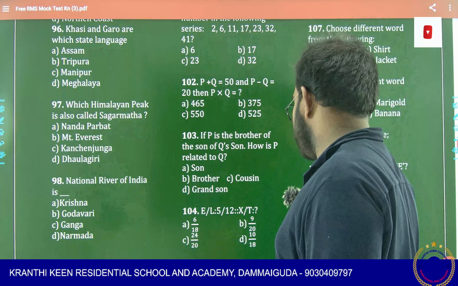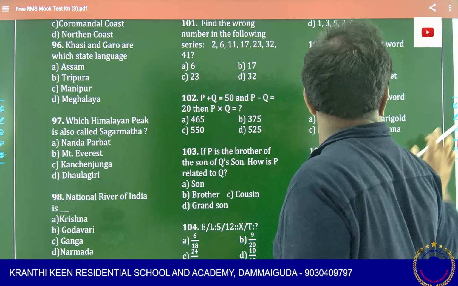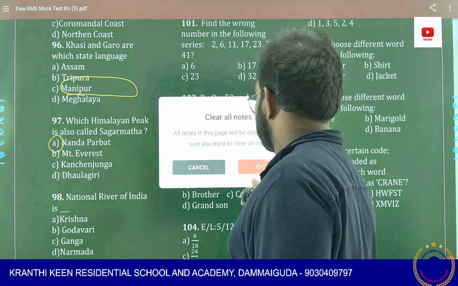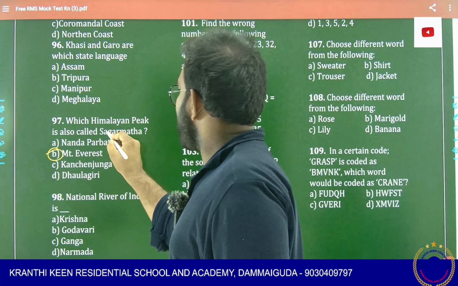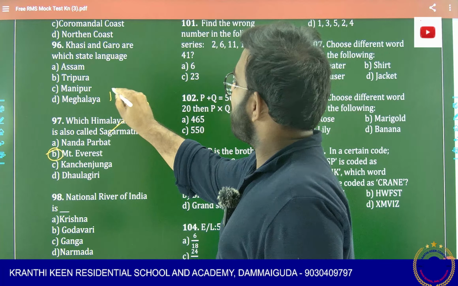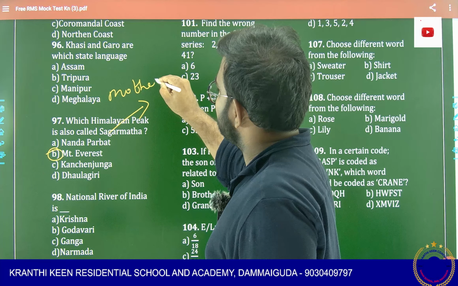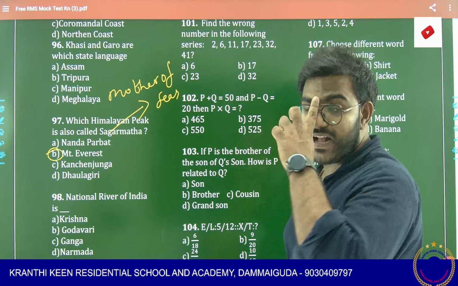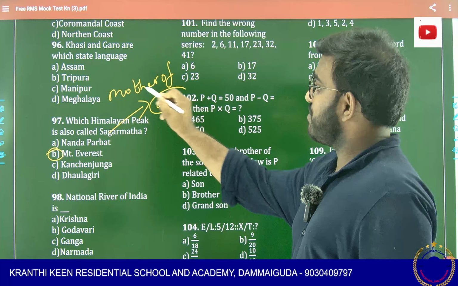Which Himalayan peak is called Sagarmatha? Mount Everest. Sagarmatha means mother of the seas. Why?